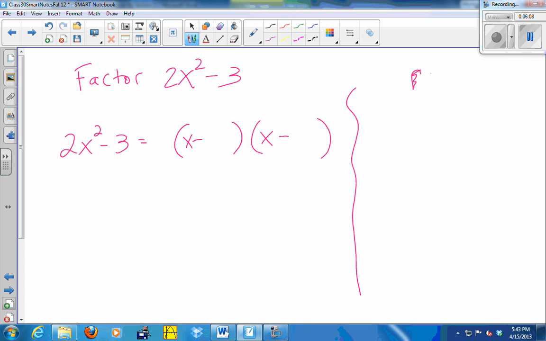So let's find zeros. I'm going to solve 2x squared minus 3 equals 0. So 2x squared equals 3. So x squared equals 1.5, which means that x is what?